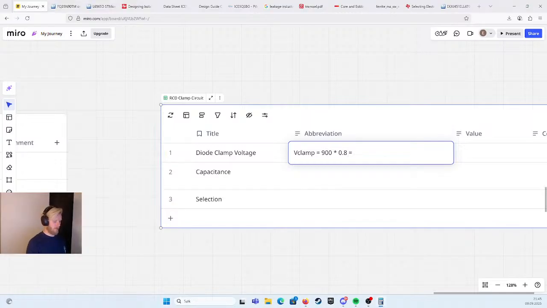Calculator, 900 times 0.8, which is 720. So we need a clamping voltage on that. If the voltage goes higher than that, it clamps to this voltage.